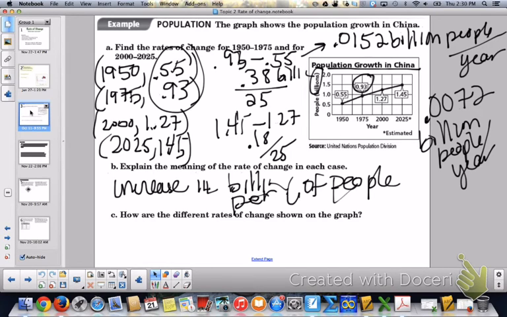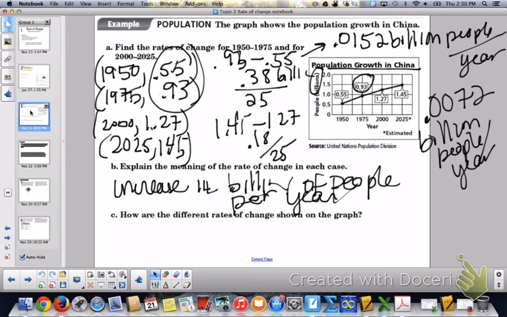So that's how much each year over those time frames, how much the increase in population was. This looks so messy. My pen's not working that great today, that's why. Sorry. All right, how are the different rates of change shown on the graph?